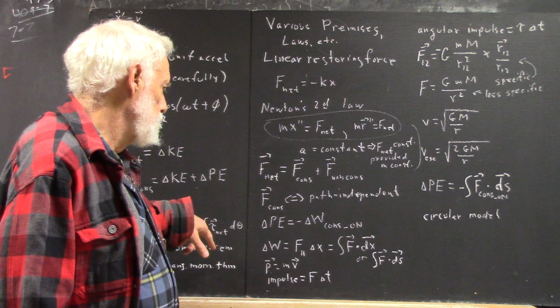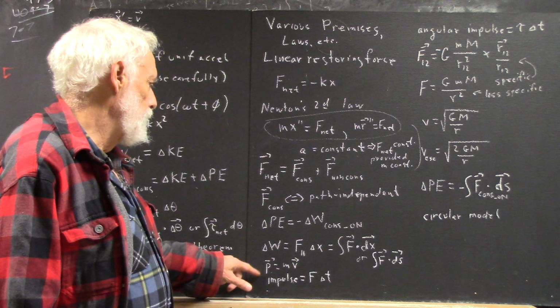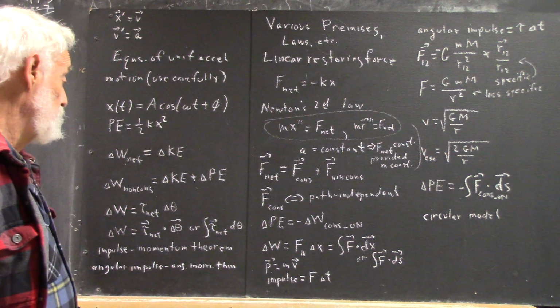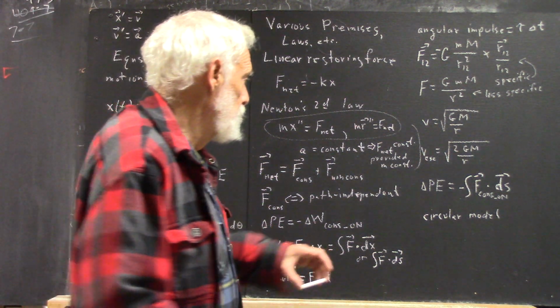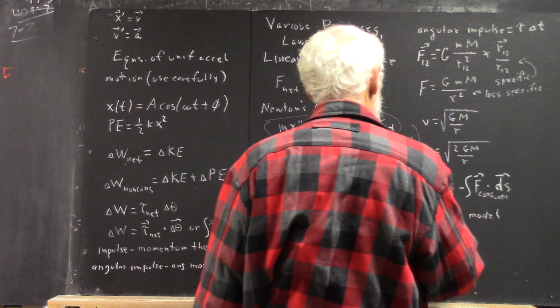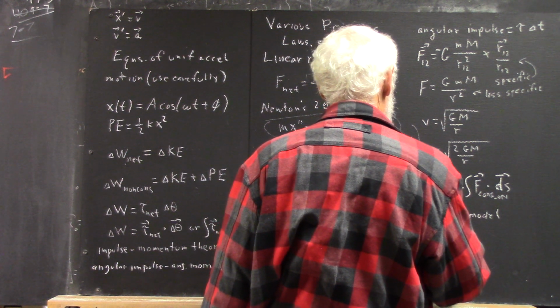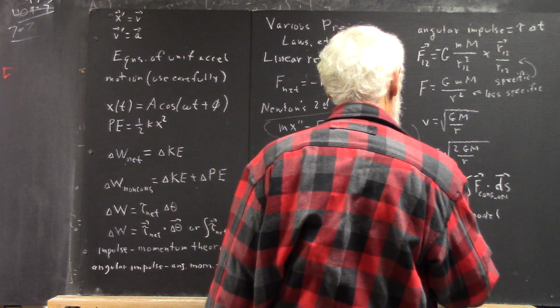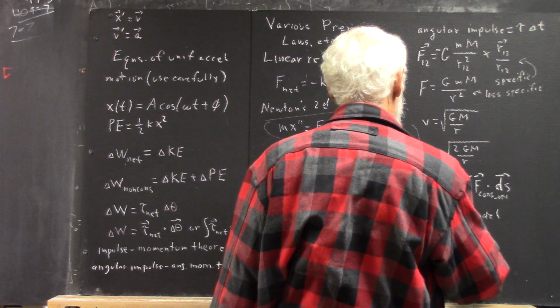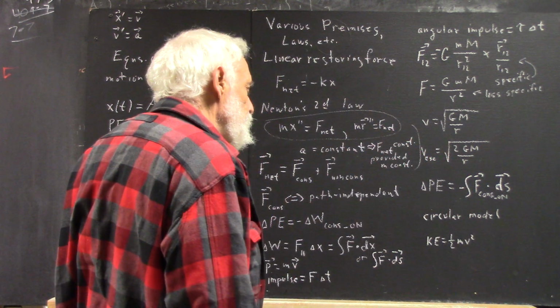I never actually wrote it down. I could, I guess. I know I thought of it, I just chose not to, but I'll go ahead and do it now. Kinetic energy is 1/2 mv squared.